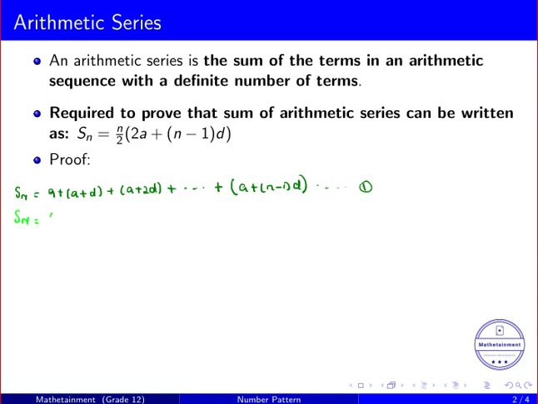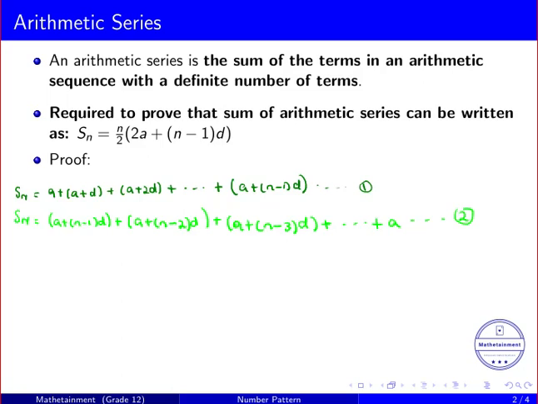So that one will be a plus (n minus 1) times d, plus the term before this one, which has a plus (n minus 2) differences times d, plus the term before this one will be a plus (n minus 3)d, plus ... plus a. This is equation number 2.